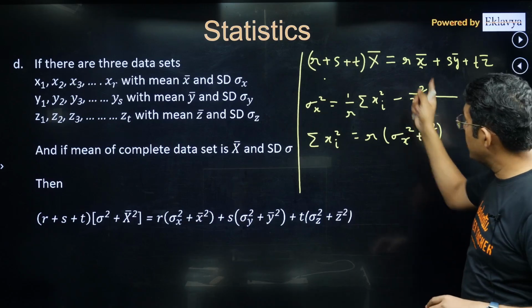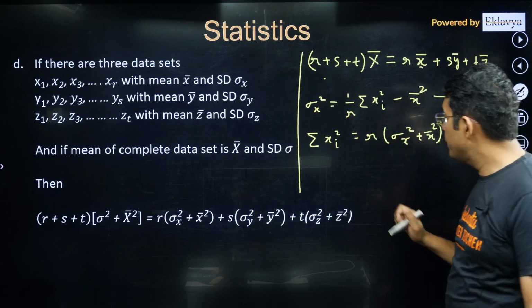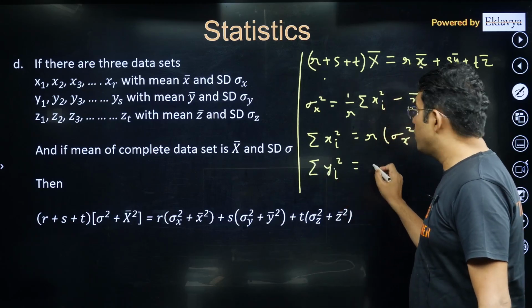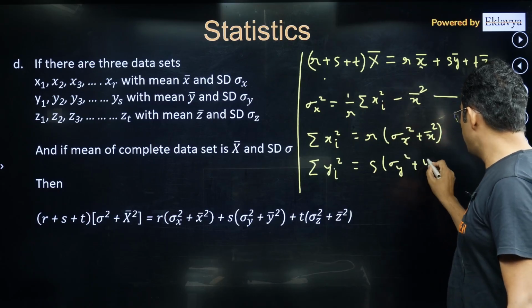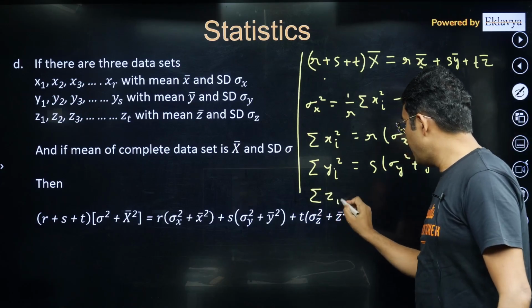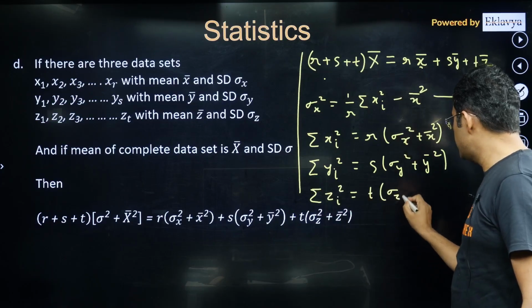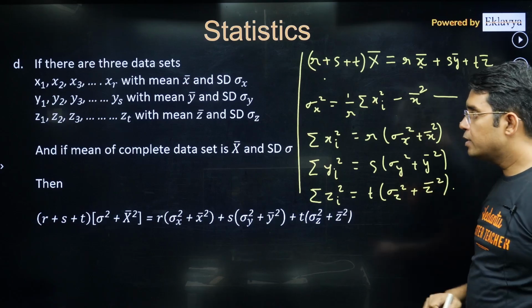So taking this on the other side, summation xi square will be equal to this thing. Now similarly, summation yi square will be equal to s into sigma y square plus y bar square. Similarly, summation zi square will be equal to t into sigma z square plus z bar square.